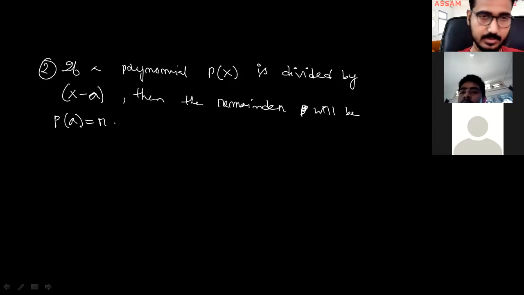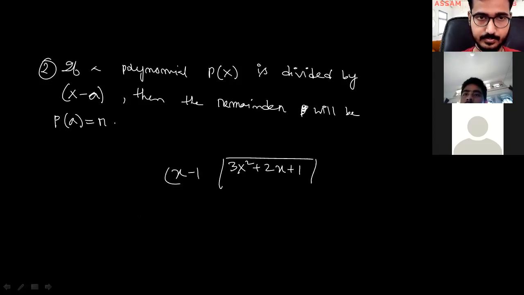So what is the meaning of this one? Suppose you are given one polynomial, 3x square plus 2x plus 1, and you are asked to divide this polynomial by x minus 1. Then the remainder will be how much?